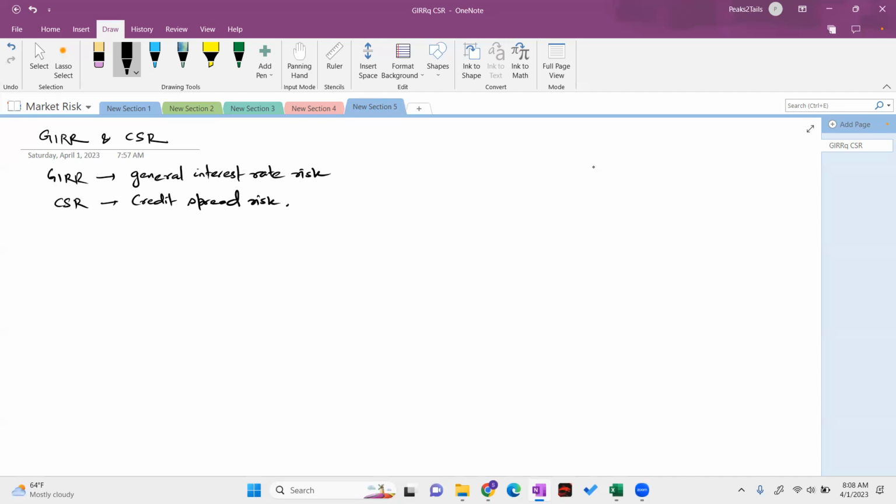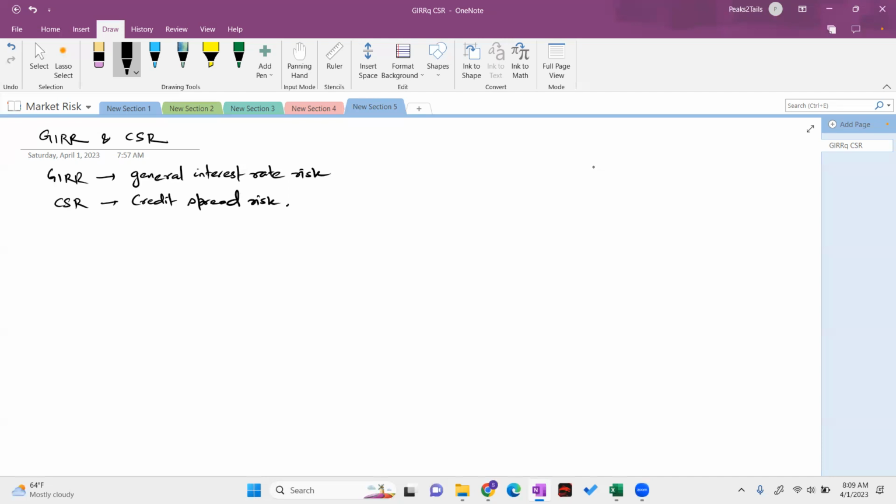I have deliberately not discussed this because we have to understand how securitization works so that we understand attachment point, detachment point, how the calculations are done. So we'll cover that later. For now, we are only focusing on non-securitized products. Okay. All right. Good that you brought it up.